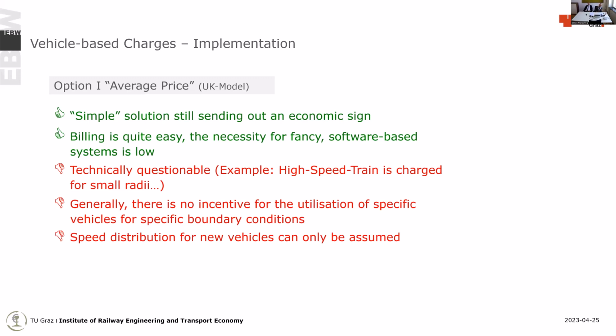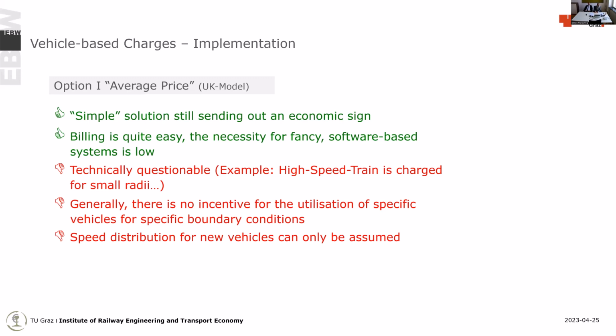You would not generate an incentive to utilize a special vehicle under specific boundary conditions. Not all vehicles would need to have good curving steering equipment, but it would be necessary for those who run on curvy lines.